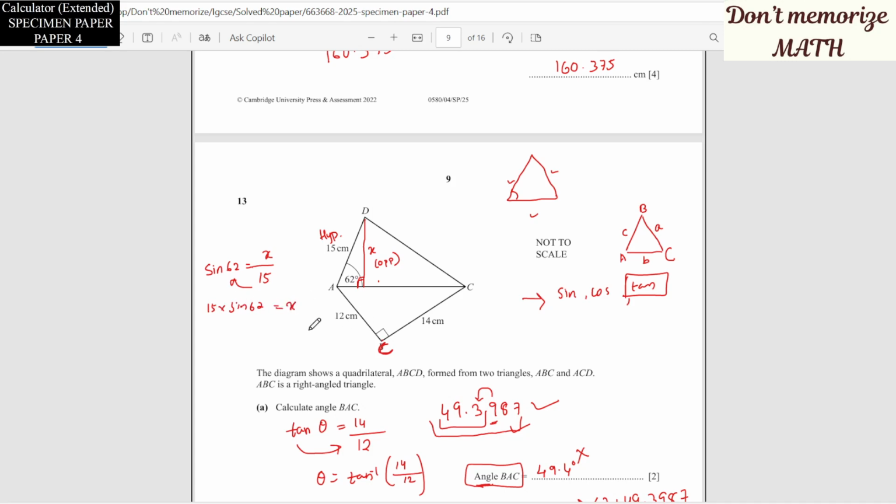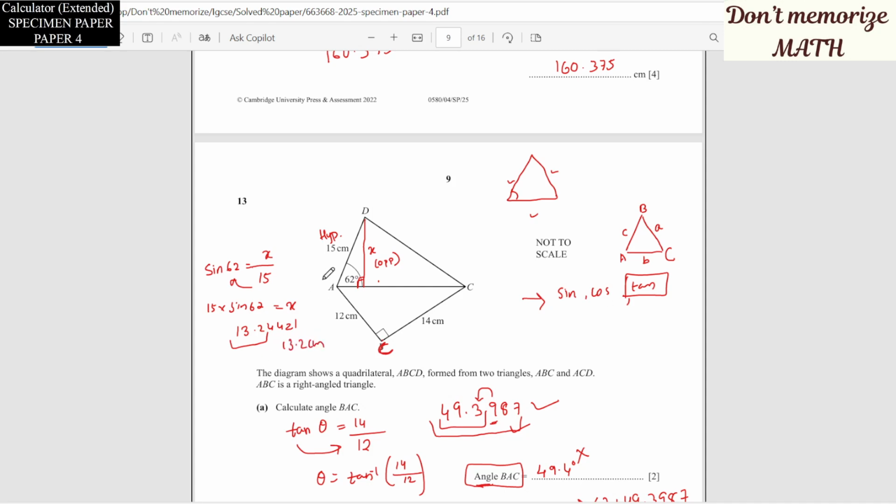Don't make a mistake. So x will be 15 times sine 62. So take your calculator, 15 times sine 62, close the bracket, you will get 13.24421. Okay, so this is a side, so you can write in 3 significant figures, that is 13.2 centimeter.